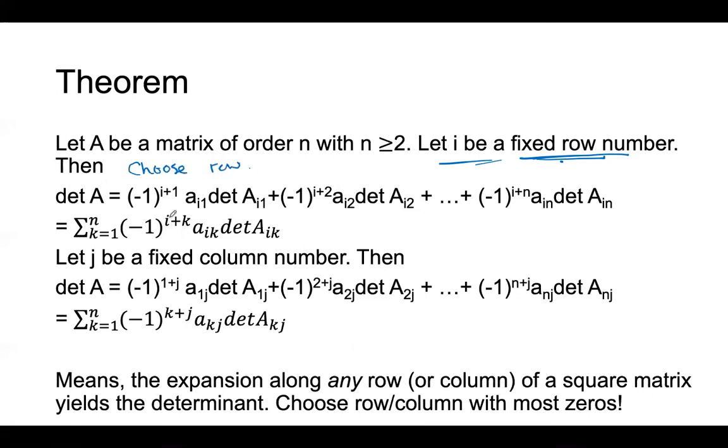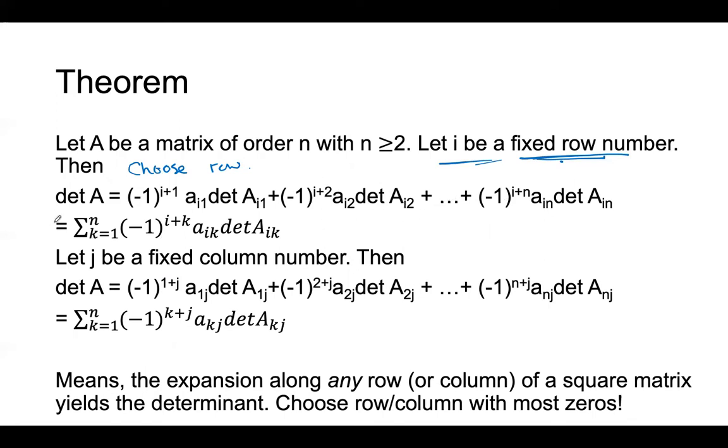It will have a coefficient of -1 to the exponent i plus 1, times that entry, times the determinant of that submatrix, plus -1 to the i plus 2 times that entry times the determinant of that submatrix, and so on.